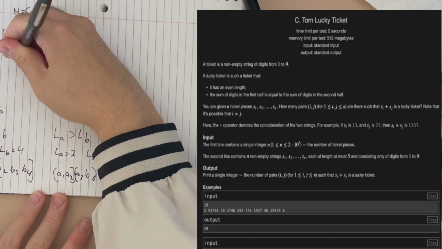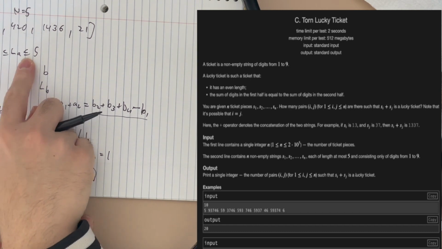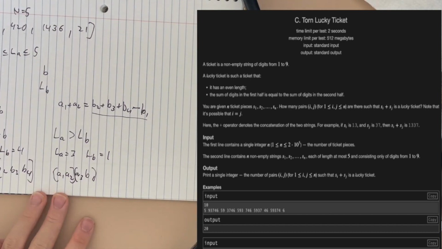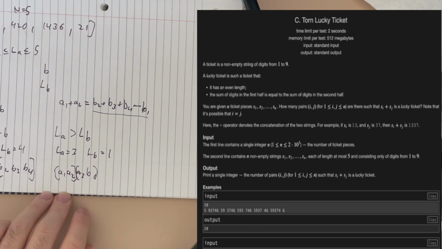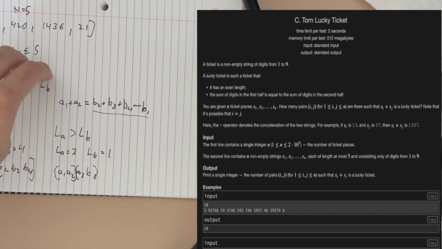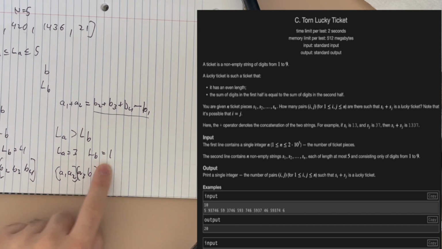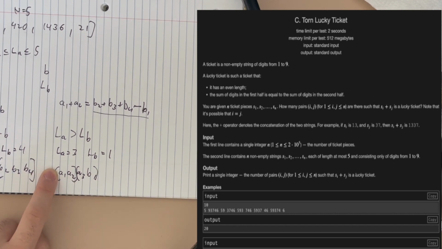So in other words, L_A is bounded between 1 and 5, so it is actually a feasible solution and would probably work if you just stored a map for every possible different length, in which case you can treat this case a little more straightforwardly, and it would work just fine.